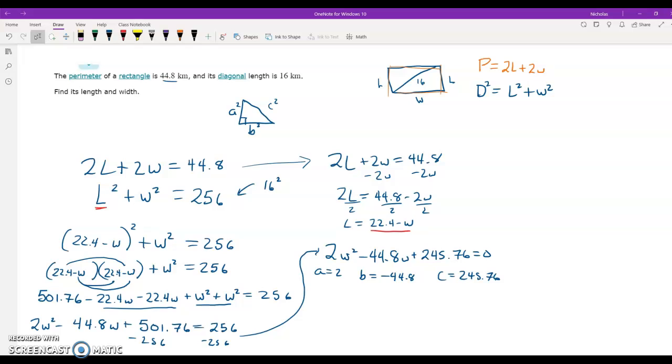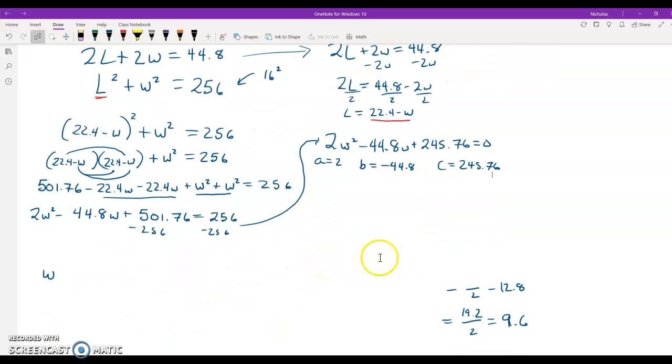So I'm going to scroll down, give myself a little bit more room. Remember, quadratic formula is x is equal to negative b plus or minus square root of b squared minus 4ac over 2a.